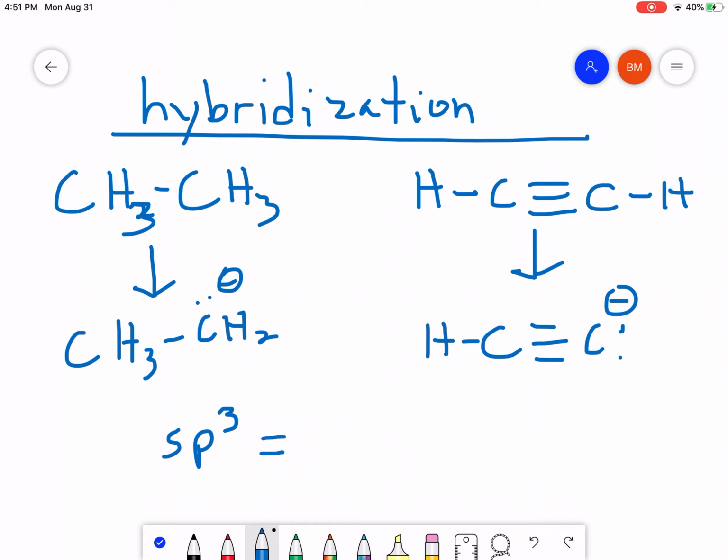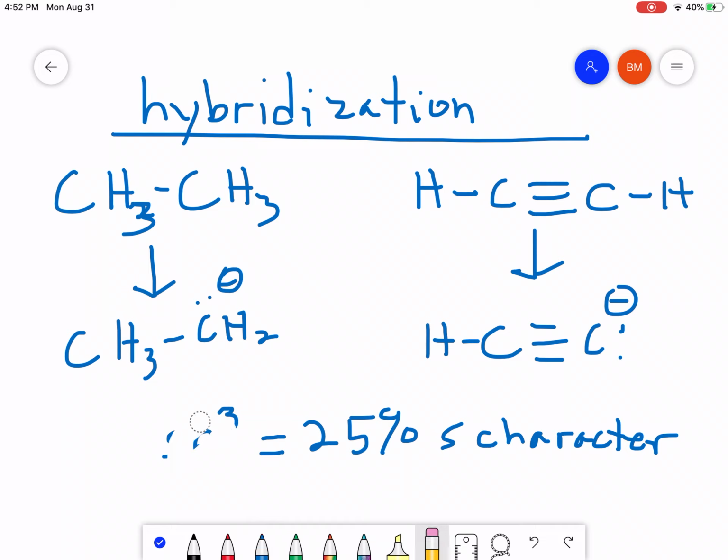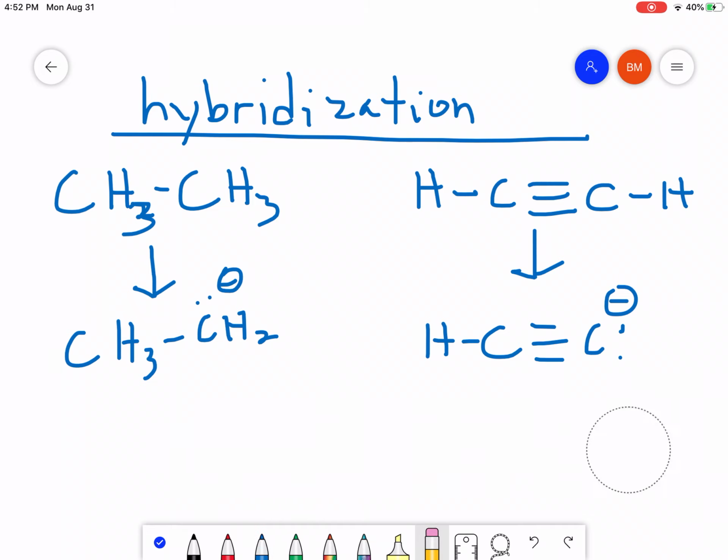Well, it's 1 part S, 3 parts P. So 1 in 4 parts of this orbital are made out of S, so it would have 25% S character. Keep that also in the back of your mind.